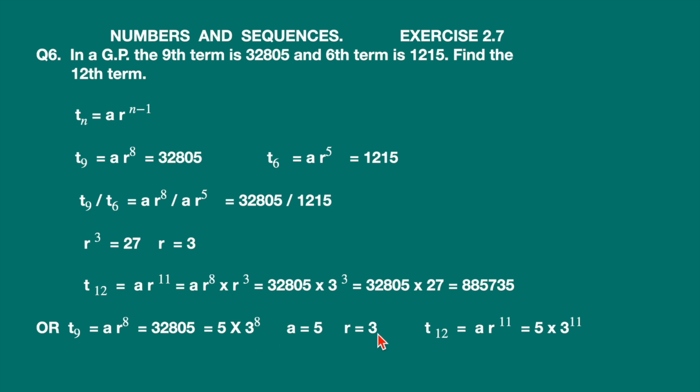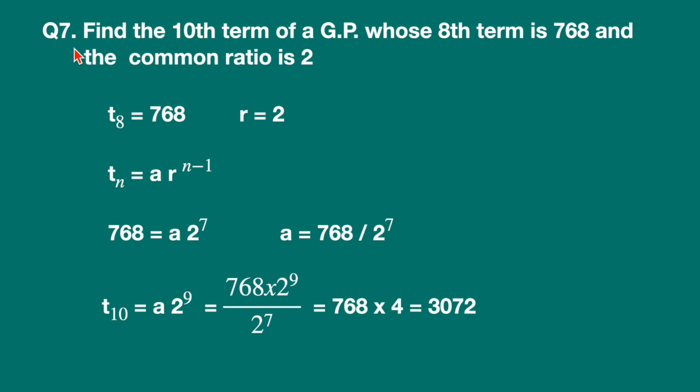So, write it down. Now, very simple. What is T12? T12 is a into r raised to 11. So, put the value of a as 5 and r as 3. So, this is the answer. Any method you can use, both are the same only. Most important thing is remember this formula. This is very important.